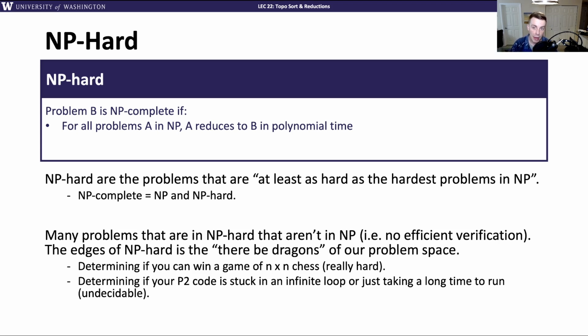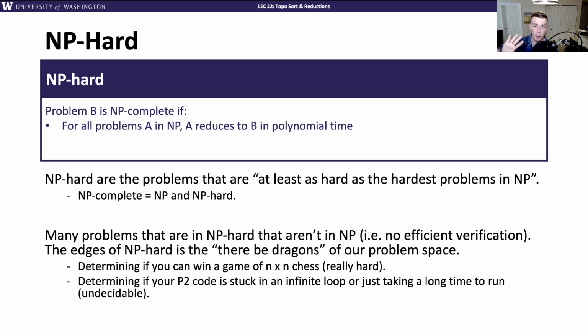If I gave you an n by n chessboard with chess pieces laid out, and I asked you, can player 1 win if they play perfectly from this board? There's no efficient verification for that task. So it's a problem that's harder than all the problems in NP, and also is not in NP because there's no efficient verification. There's also a lot of other really scary problems out there.